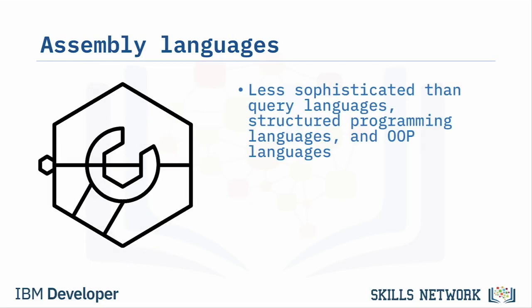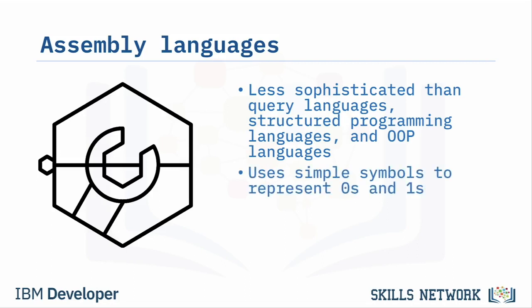As mentioned earlier, assembly languages are less sophisticated than query languages, structured programming languages, and object-oriented programming languages. As an assembly language uses a simple set of symbols to represent the zeros and ones of machine code, it is categorized as a low-level programming language.